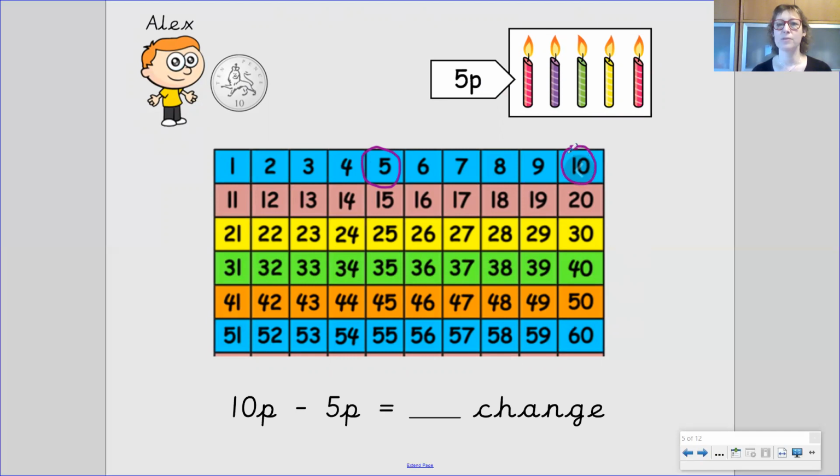And count backwards from 10 to 5 to see if you can find the change. Let's do that together. 1, 2, 3, 4, 5. So he gets 5p change. And again, you might just have known that. You might know that 5 add 5 is 10, or that 10 take away 5 is 5. I'm just showing you so we can check our method.